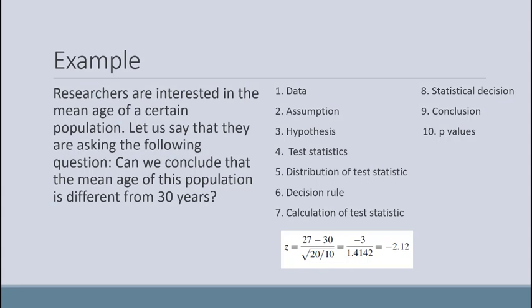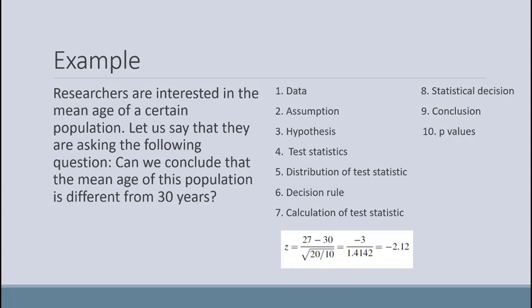The probability of one or the other of those events occurring when the null hypothesis is true is equal to the sum of the two individual probabilities, and hence in the present example we say that the p-value is equal to 0.017 plus 0.017, which is 0.034.